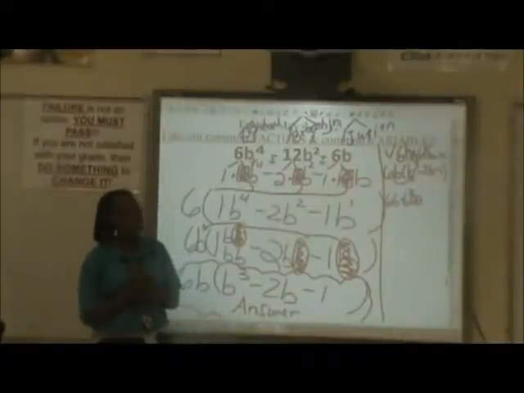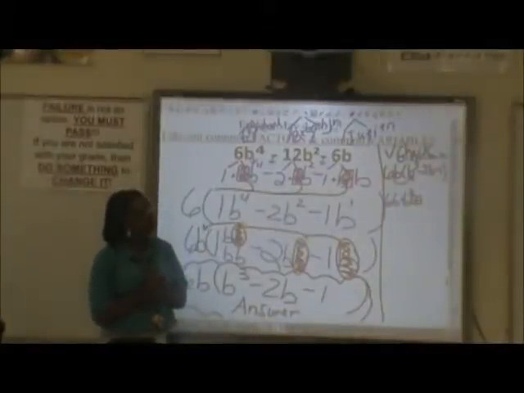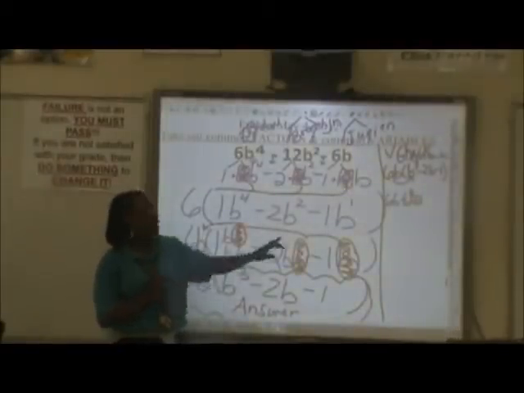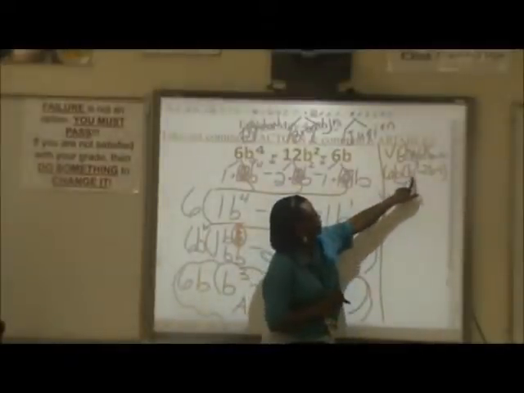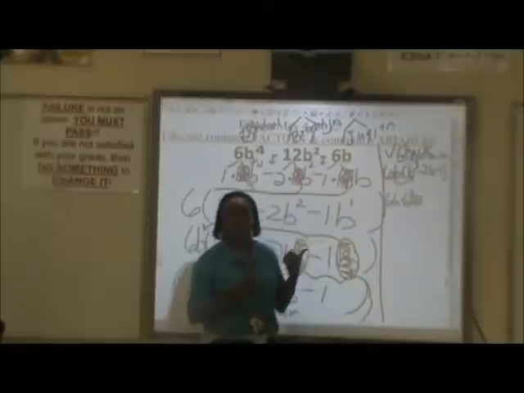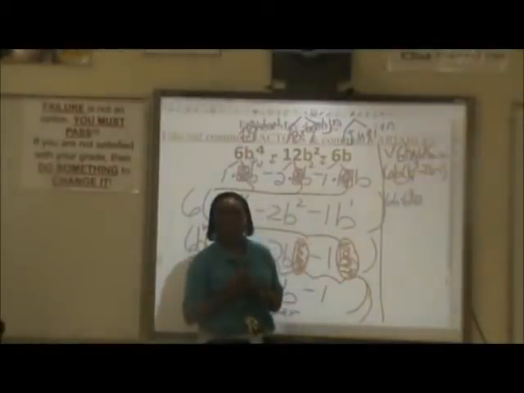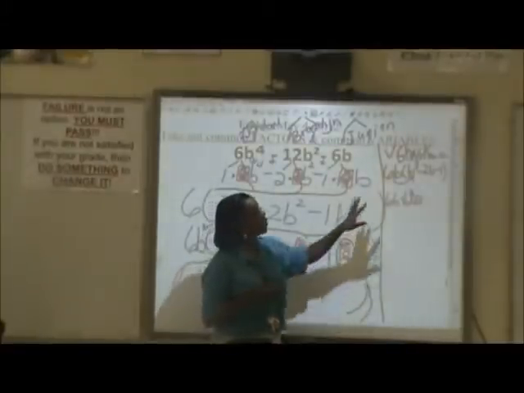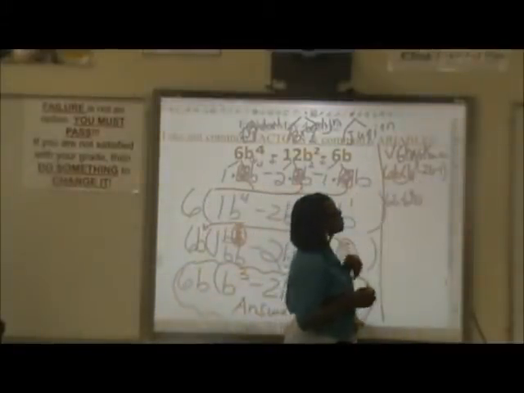And what else, Chris? Times negative 2B. Well, tell me everything that goes here. So we have 6B times B cubed, and what else should I write? Negative 12B. Okay, he went ahead and multiplied the 6 times the negative 2.